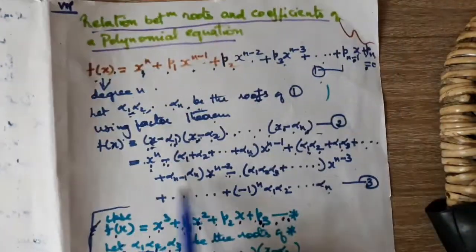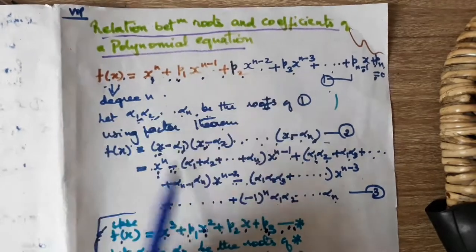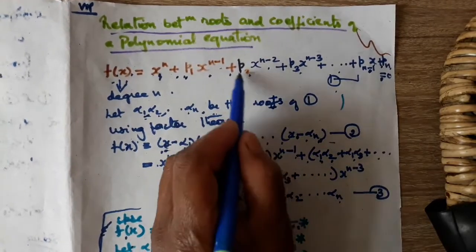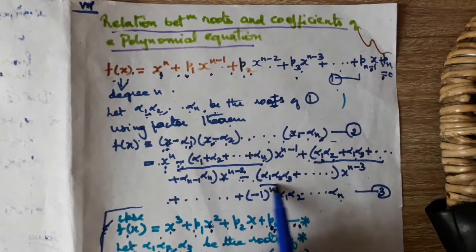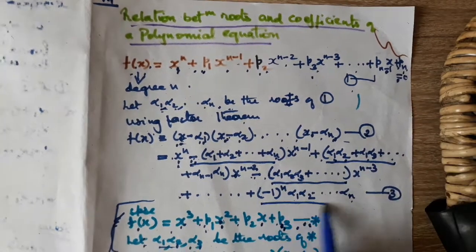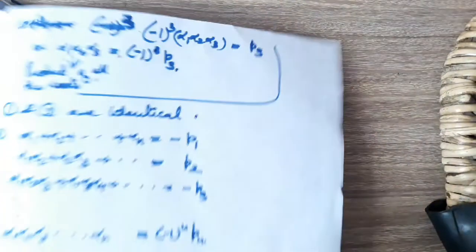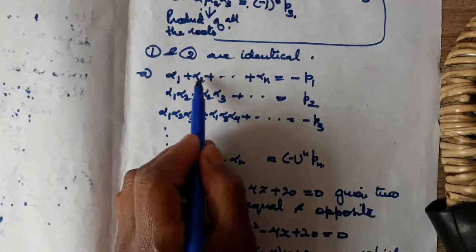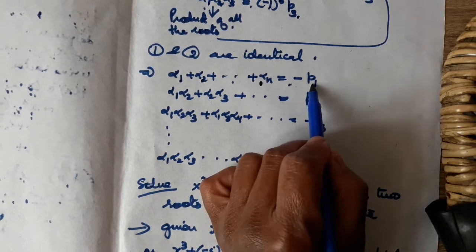So in general also, for a polynomial of degree n, by comparing this with this, p1 will be equal to this, p2 will be equal to this, p3 will be the coefficient of x to the power n minus 3, and so on. The constant term pn here will be this. Now this minus sign you replace it, so in general the sum of all the roots is equal to minus p1.